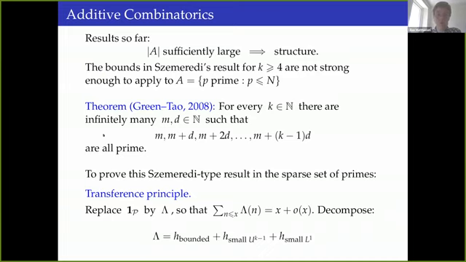This result is stated out of the historical order, and I would like to return to the situation of finding long arithmetic progressions in the set of primes. Following this result, Green and Tao, in collaboration with Ziegler, continued to study the inverse problem for the uniformity norms.